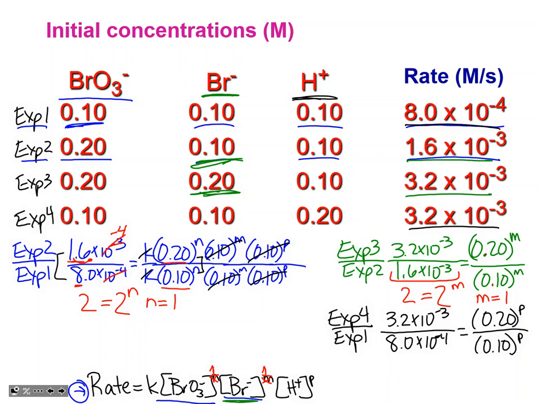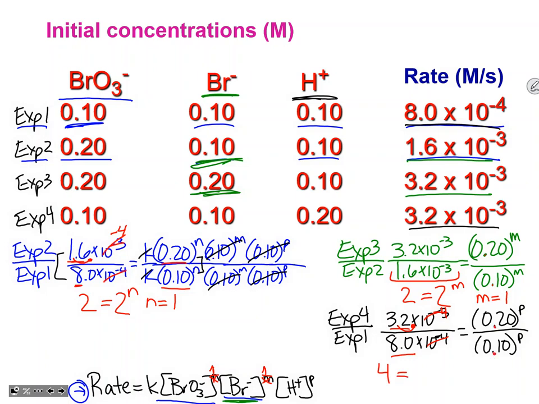Now, once again, you can move this over here, so make it 32 times 10 to the minus 4. That means the 10 to the minus 4's cancel, and it's really 32 divided by 8. It's just playing around with exponent rules. So 32 divided by 8 is going to give you 4.